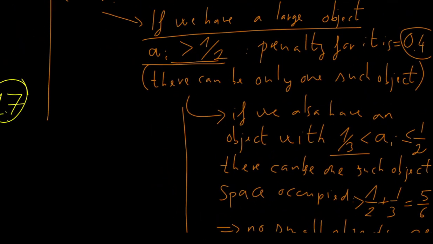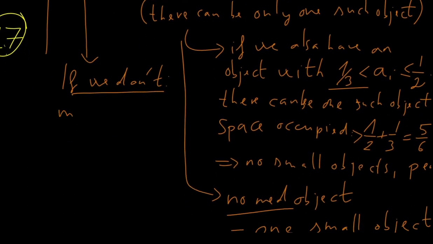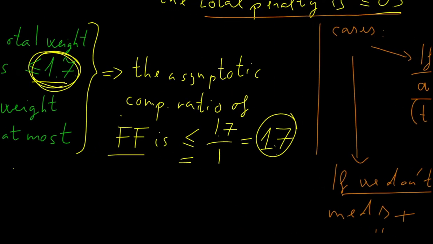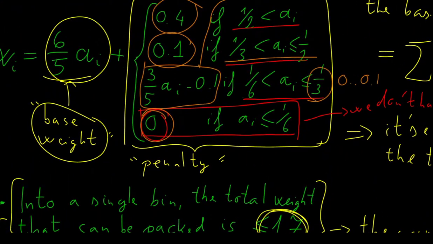The second case is that if we don't have a large object, then we have only medium objects and small objects. Each of these has a size strictly larger than 1 over 6.